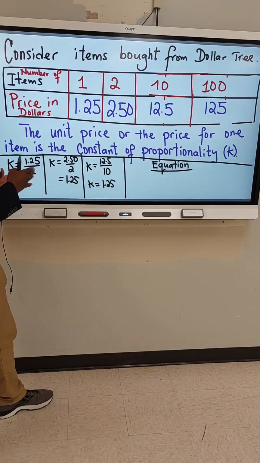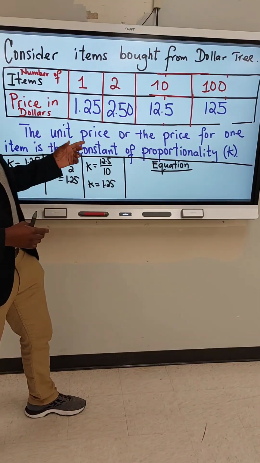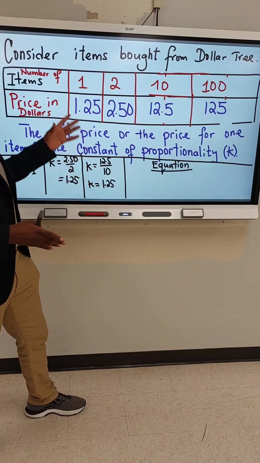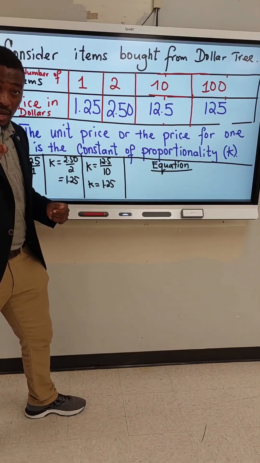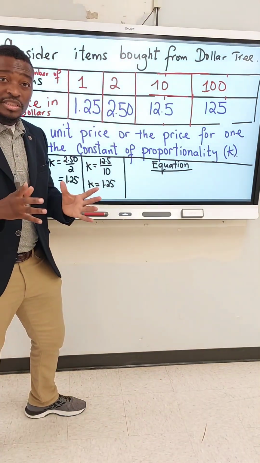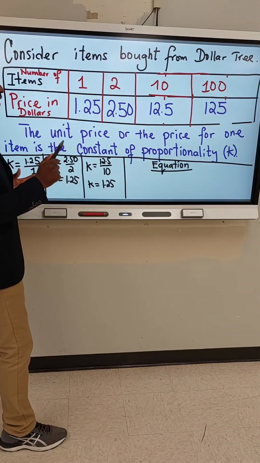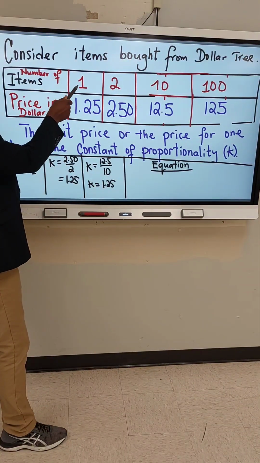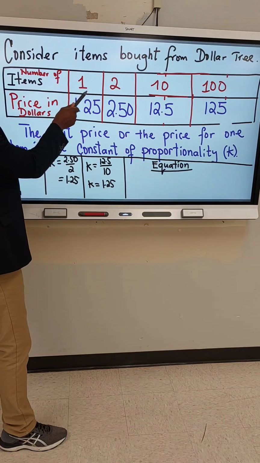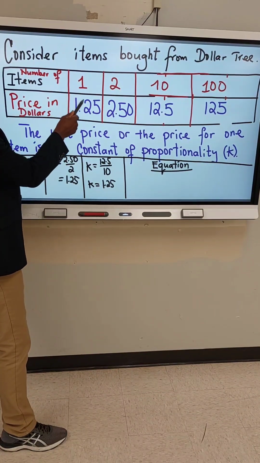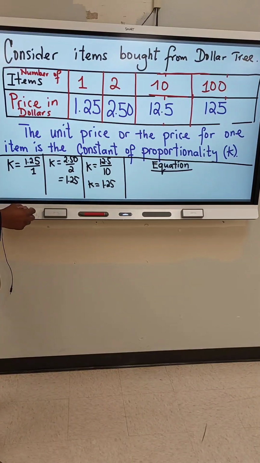So there is a constant of proportionality, and here we see that the constant of proportionality is the same as the price for one item. So if you're looking for the constant of proportionality on the table, go to the price for one item, or the output that matches with 1. That will be the constant of proportionality.